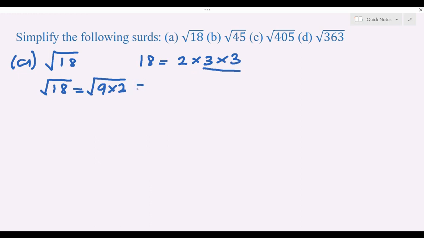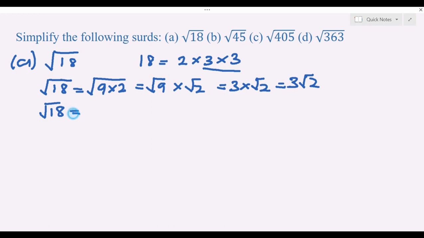So this will give us the square root of 9, or root 9 times root 2. This will give us 3 root 2. So our root 18 is equal to 3 root 2.